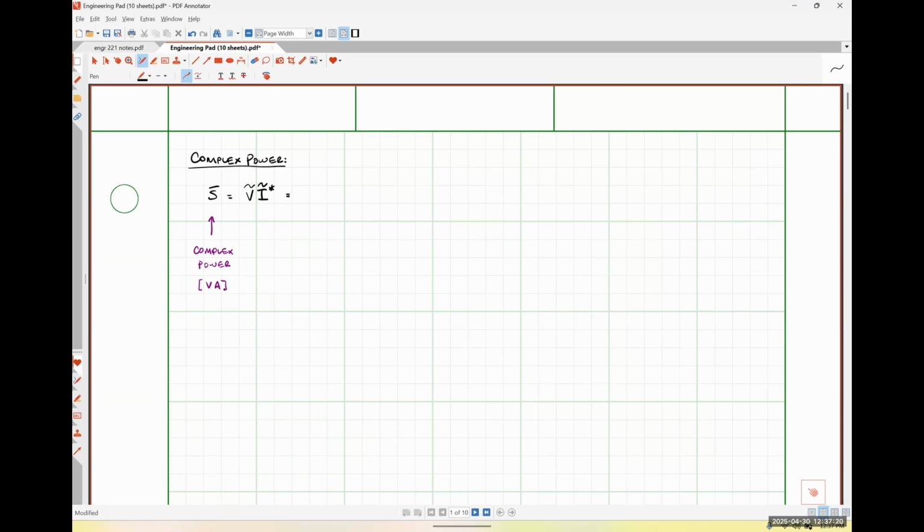So in rectangular form, multiplying these two complex numbers together is going to give me V effective times I effective times the cosine of theta V minus theta I. So for what it's worth, this part right here is literally just the real part of our complex power S, which we typically refer to as the average power.